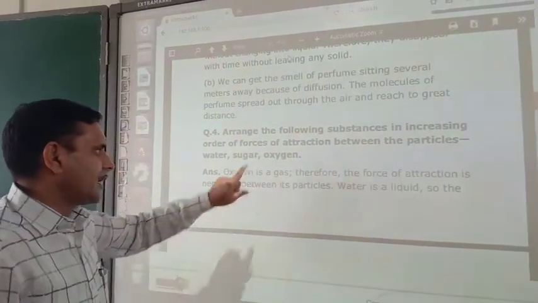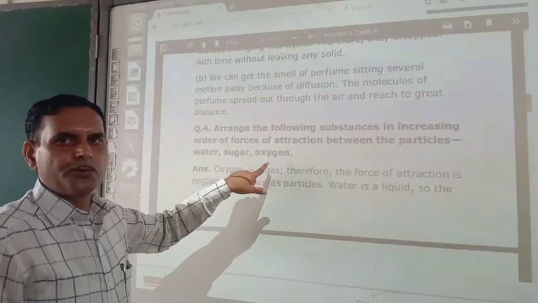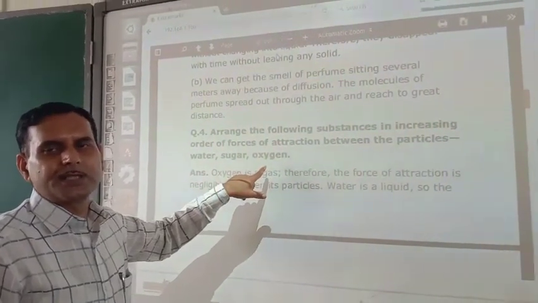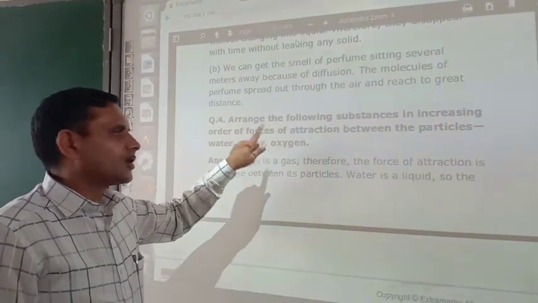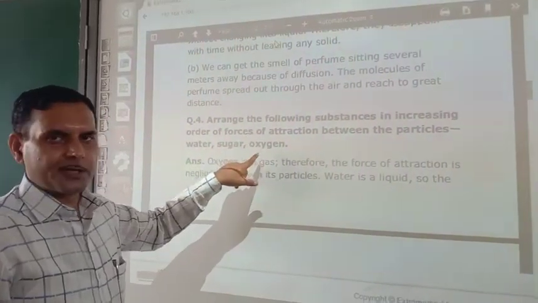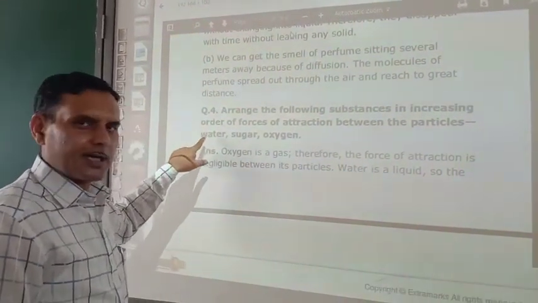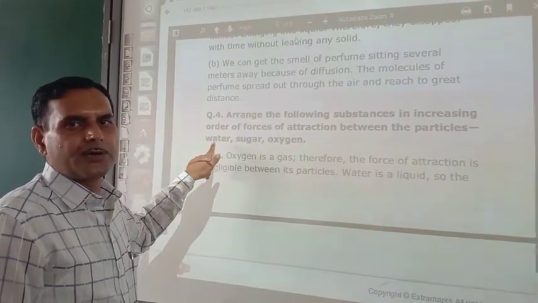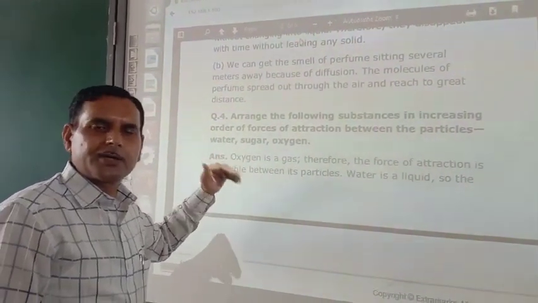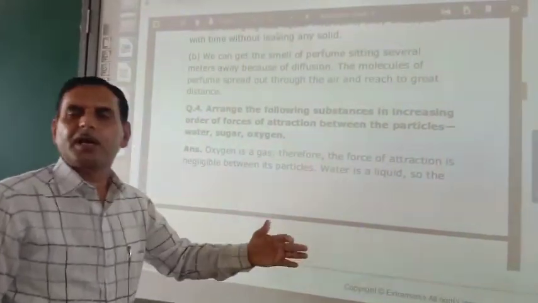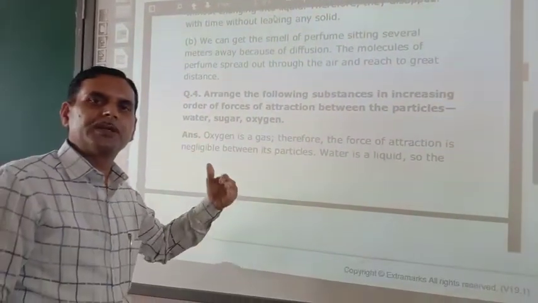Just see. Oxygen is a gas, and you know the interparticle attractive force is negligible in gases. So the least interparticle attractive force will be present in oxygen. The second is water. As you know, water is a liquid, and the interparticle attractive force in a liquid is in between that of solid and gas.